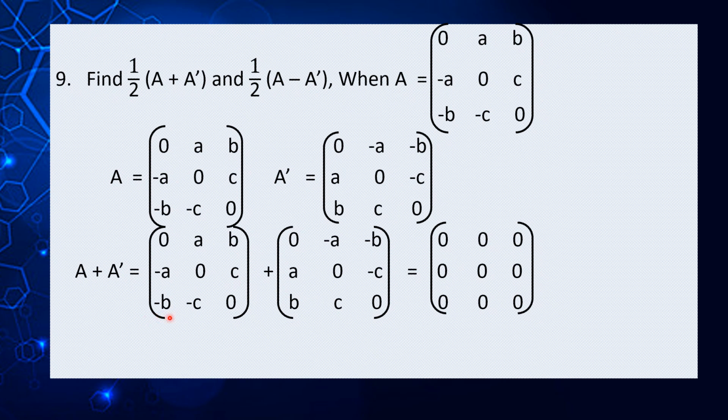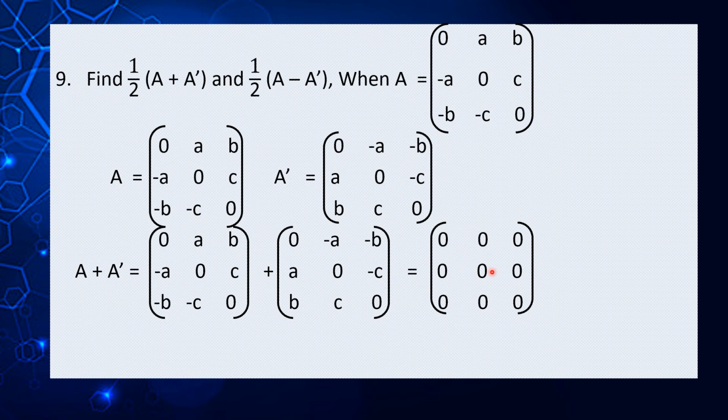Now first find A plus A transpose, which would be equal to [0, a, b; -a, 0, c; -b, -c, 0] plus [0, -a, -b; a, 0, -c; b, c, 0]. 0 plus 0 is 0, a minus a is equal to 0, b minus b equal to 0, minus a plus a equal to 0, 0 plus 0 would be 0, c minus c would be 0, minus b plus b would be 0, minus c plus c would be 0, and 0 plus 0 also would be 0.